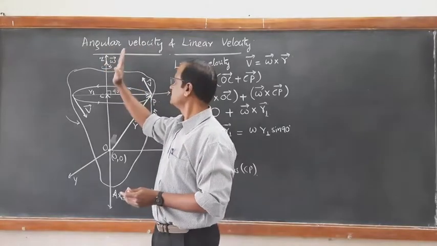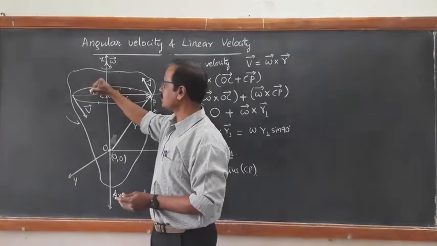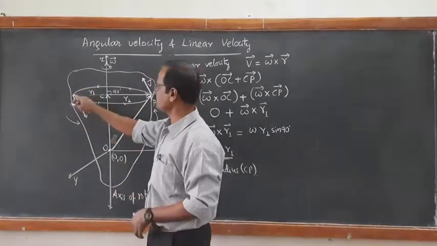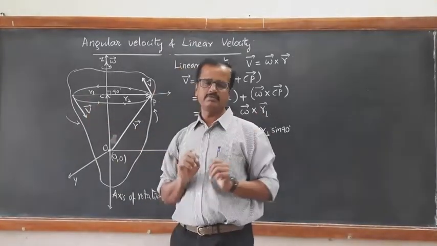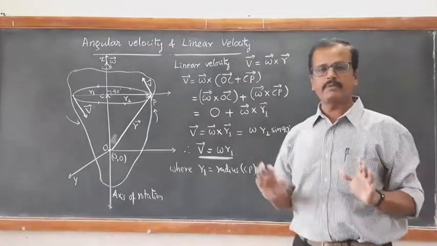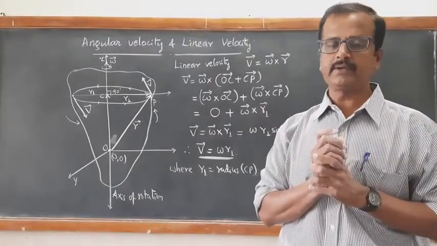Hold your hand like this and turn it towards r. You see the thumb is pointing towards you, so it is tangential at this point. That gives us the velocity vector. That's how the linear velocity vector is perpendicular to both the omega vector as well as the r perpendicular vector.